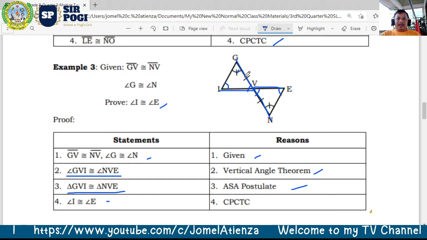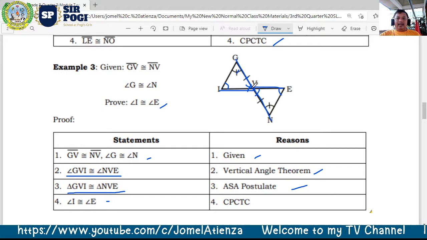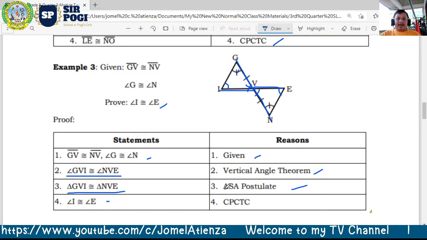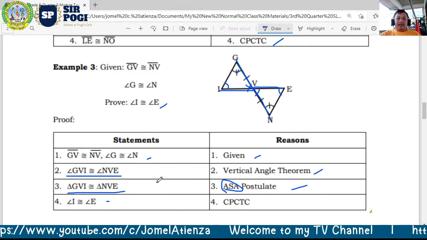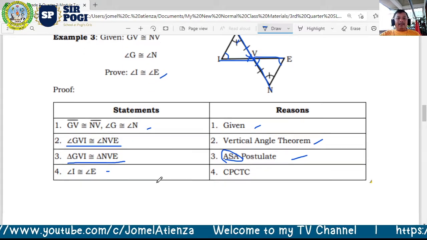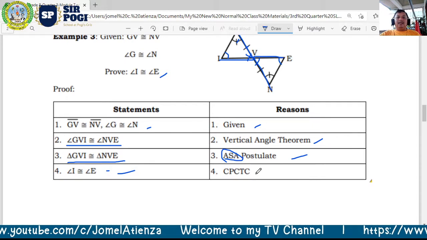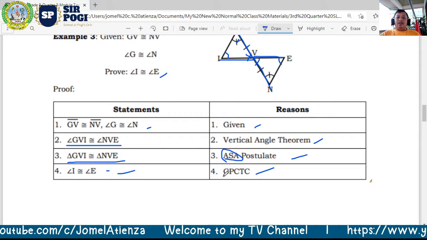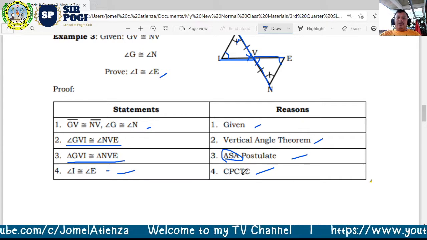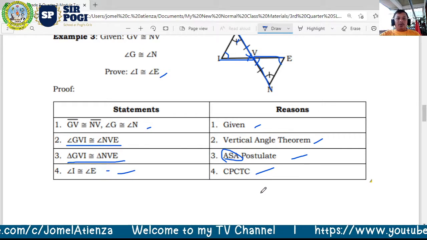So, ASA postulate. So, therefore, we can say that angle I is congruent to angle E. So, CP. Corresponding parts of congruent triangles are congruent.